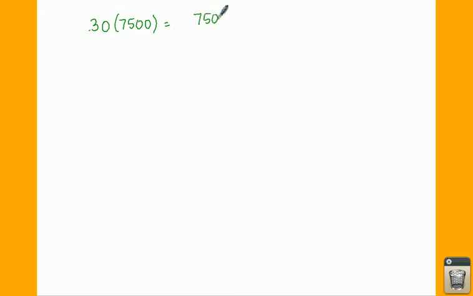So we're going to have 7,500 all over 1 plus 7499 e to the negative 0.9t. I forgot my 7499 on the bottom. That might make a little difference.